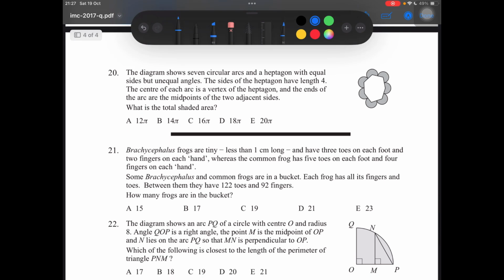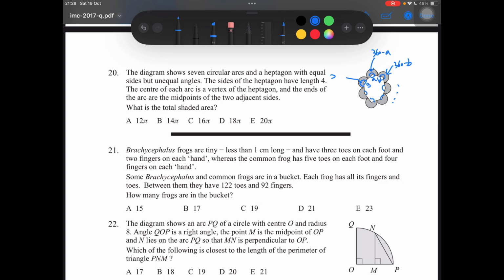Number 20, 7 circular arcs and a heptagon. So it's 7. So here, all of this circle has 360. But let me call the angles here A, B, C, D, E, F, G. Let's say. Then here, this is 360 minus A. Here, 360 minus B, blah, blah, blah.